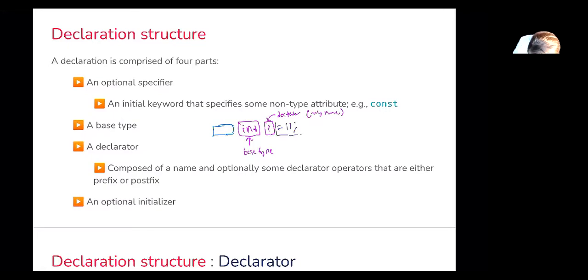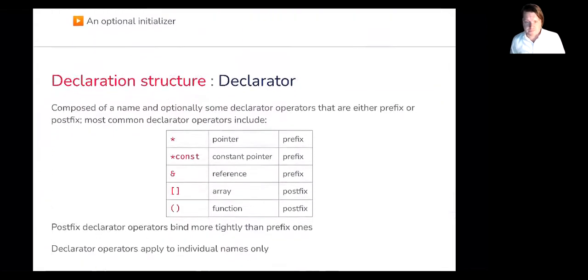So right here, optional initializer, but we'll say not optional for primitive types. In other words, I'm strongly encouraging you to always initialize any variable that's of a primitive type.